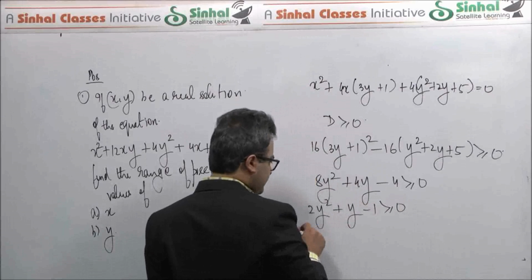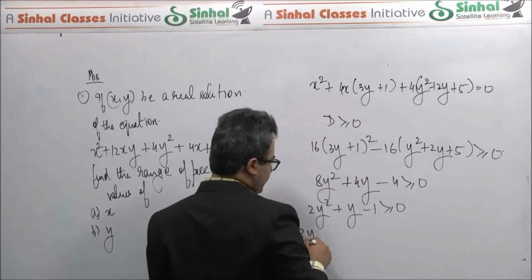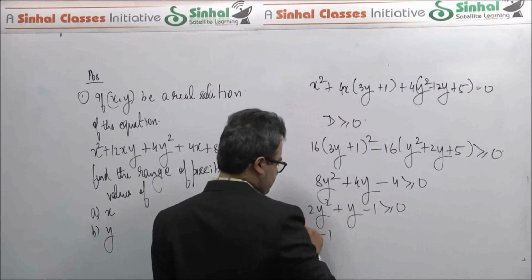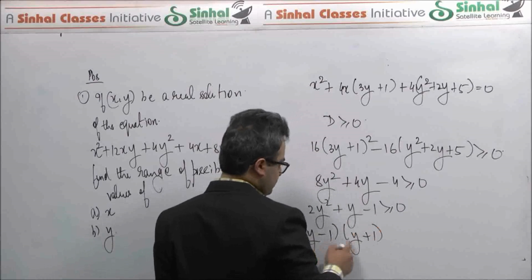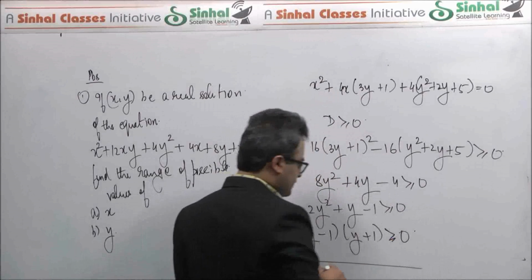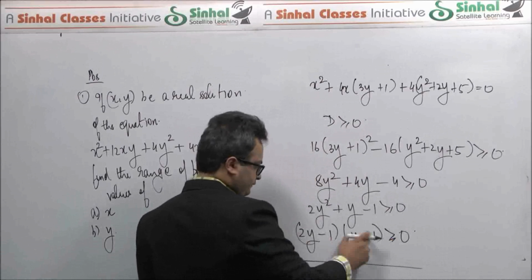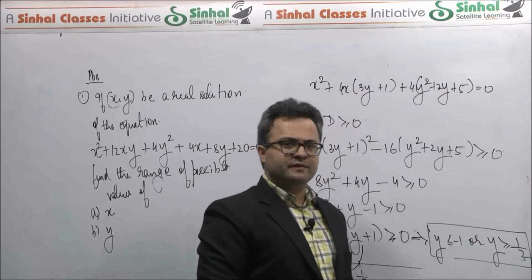Again, let's try to factorize it. I'll get 2y square plus 2y, so 2y into (y plus 1). Again, we can use the wavy curve method over here. Get this as the set of possible values that the variable y can take.